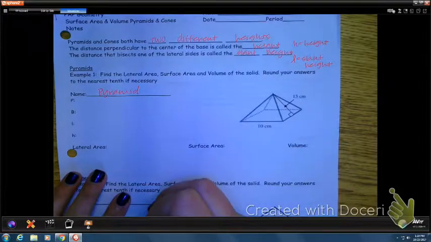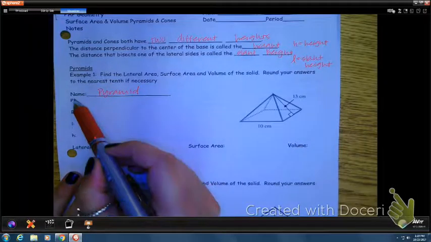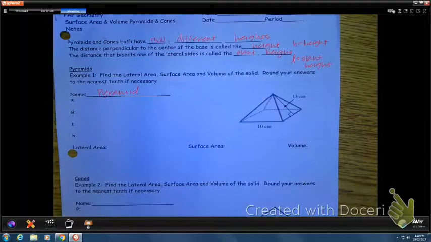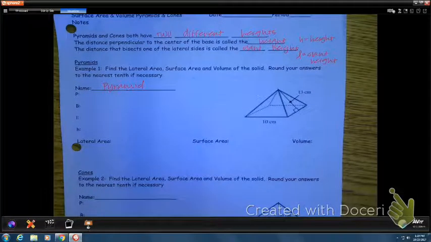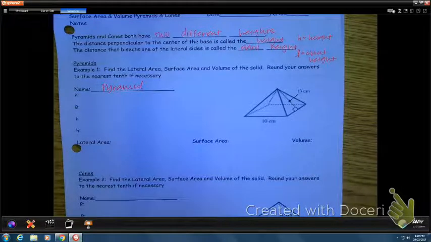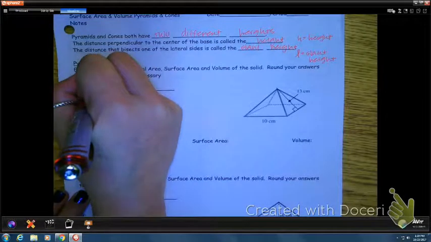I want you to take 30 seconds and fill out what each of these letters stands for. Okay, hopefully you said perimeter of the base.